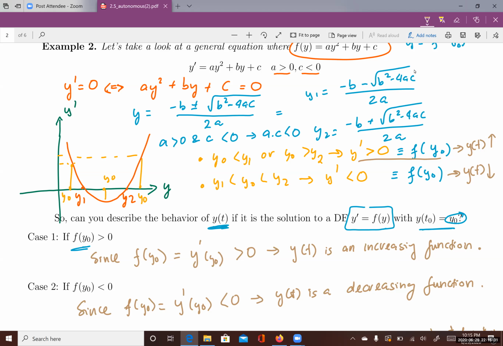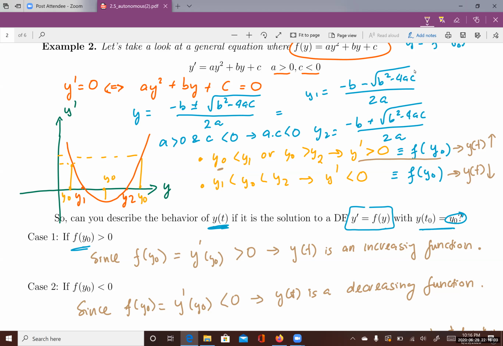If y0, the initial point where you started, is less than y1 or greater than y2, then y prime is positive, and the solution curve should be an increasing function.